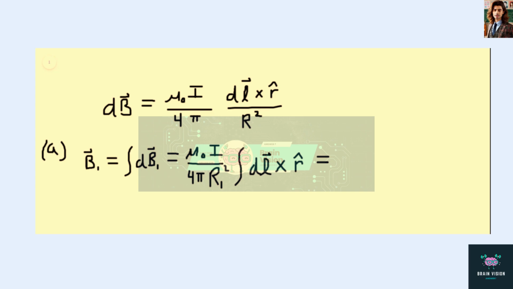So dl cross r hat gives you negative k hat, the direction going into the page. So this gives you mu naught times I divided by 4 pi r1 squared times negative k hat, and then we're still integrating over the infinitesimal length dl.